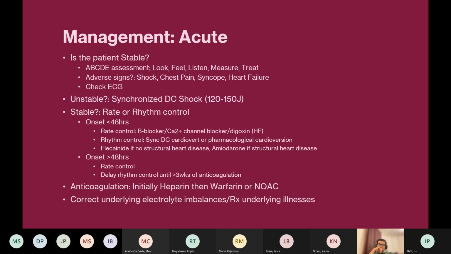Main thing you're looking for is your adverse signs of shock. Is the patient cold, clammy, prolonged capillary refill time, depressed JVP, chest pain, very important. Are they syncopal? And is there signs of heart failure, so they have acute pulmonary edema. If they're unstable, we're going to do a synchronized DC shock.